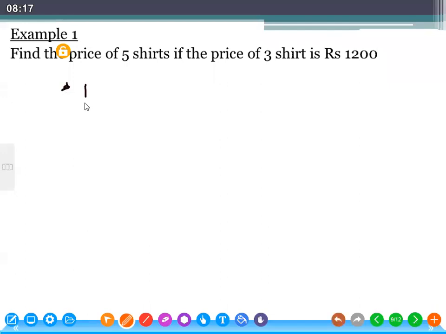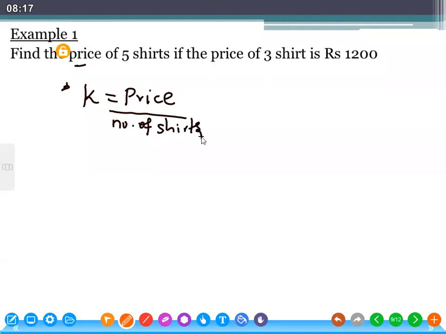I'm going to use k. I already told you, in a short method, I'm going to take the numerator as the unknown term. So the unknown term is the price you have to find. And the known term is the number of shirts.